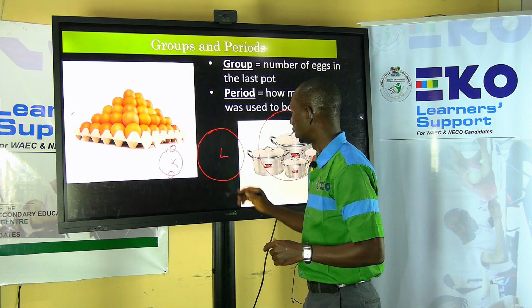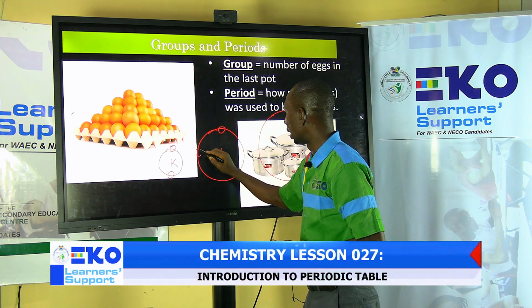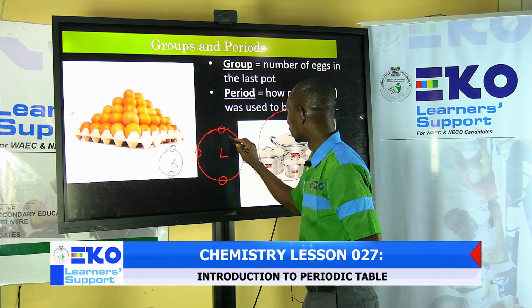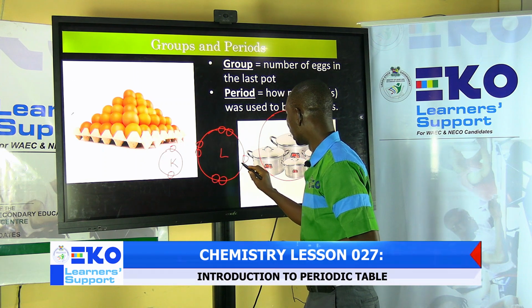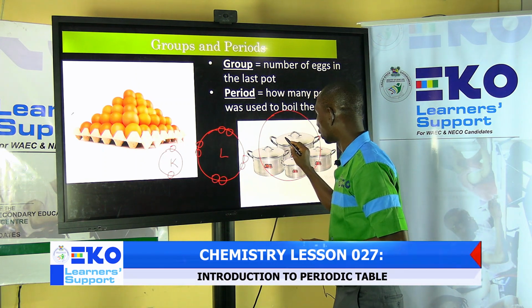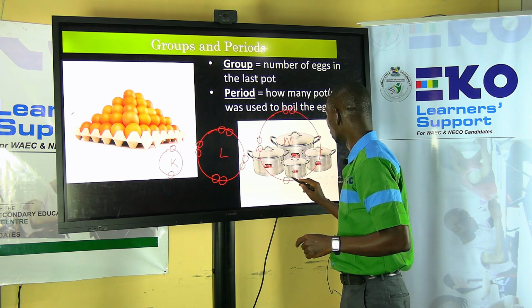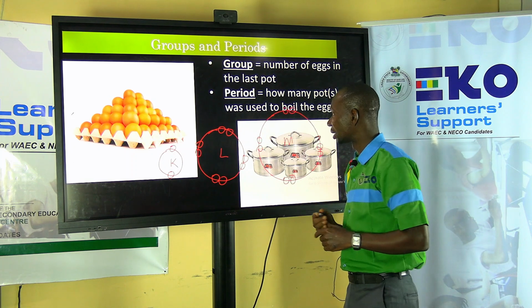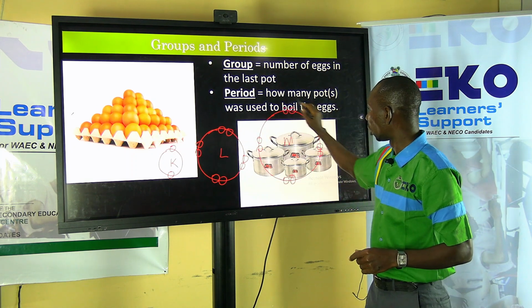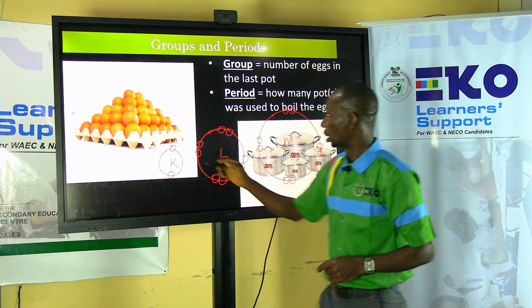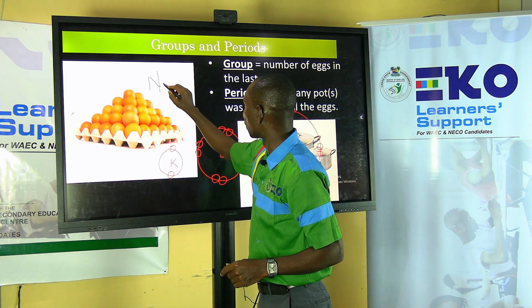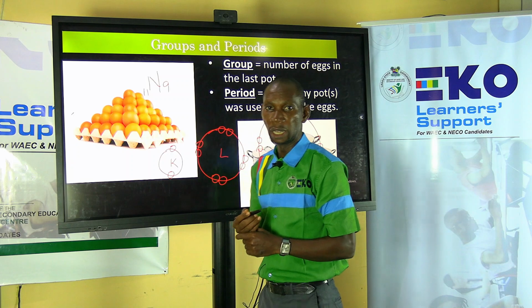Next is the L shell, which can contain 8 electrons. Then the M shell can also contain 8 electrons. Now, the group is actually the number of electrons on the last shell. Let me give you an example. Suppose we have sodium with atomic number 11.